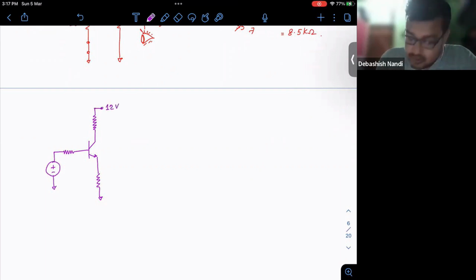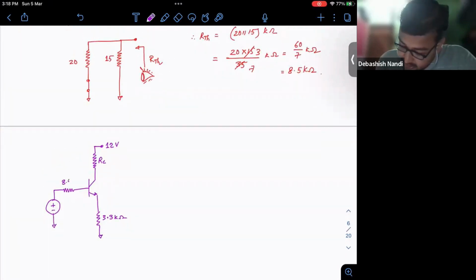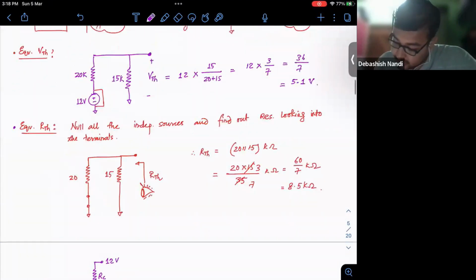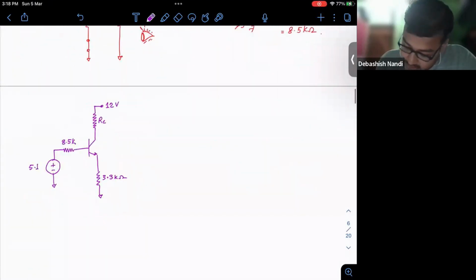This is a 12 volt. This is not given. This is 3.3 kilo ohm, and this is 8.5K, and this is your 5.1 volt, right?